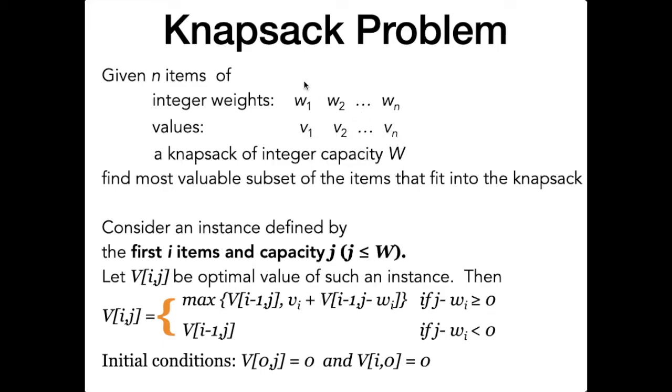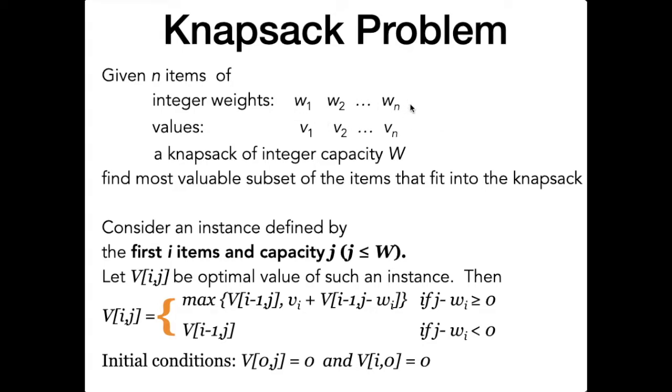So, the naive way of solving this knapsack problem is to check all possible subsets of items given n. So, the total number of possible solutions is actually the power set of n, and the total number of elements is 2 raised to n.